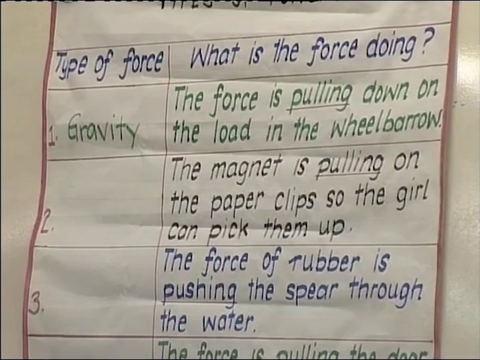Okay. Number two. Maybe you come up with any answer for number 2. Sorry? From the hand. Okay. It's type of force. I'm not asking where the force came from. Okay. The type of force.